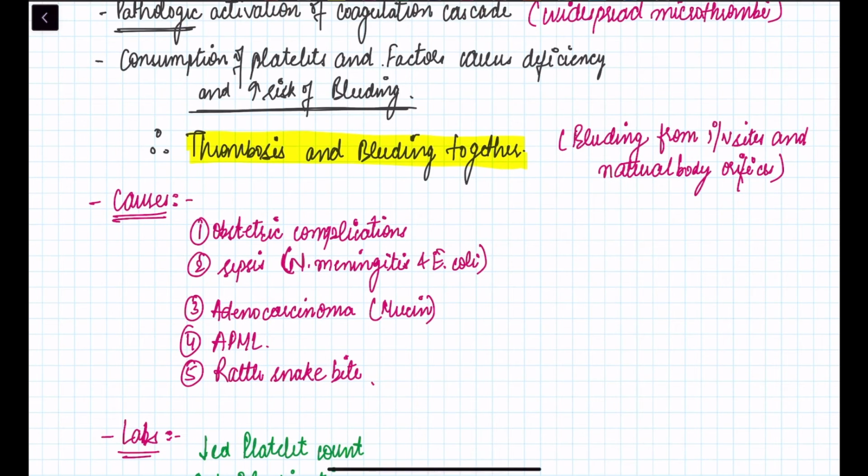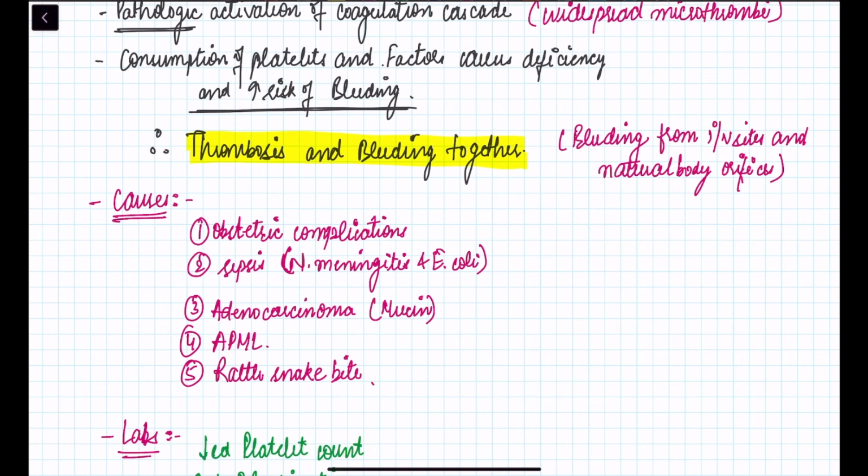So the causes, first and foremost, the most important, are obstetric complications. Second, we have sepsis, particularly in Neisseria meningitidis and E. coli. Third, we could have adenocarcinoma, where mucin will induce thrombosis and the coagulation cascade.